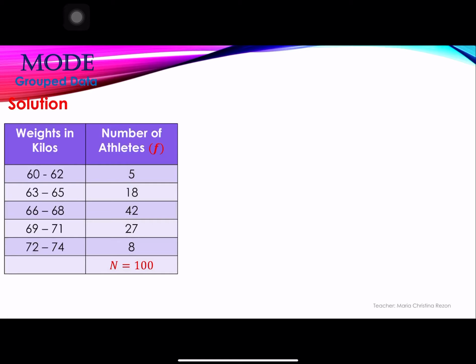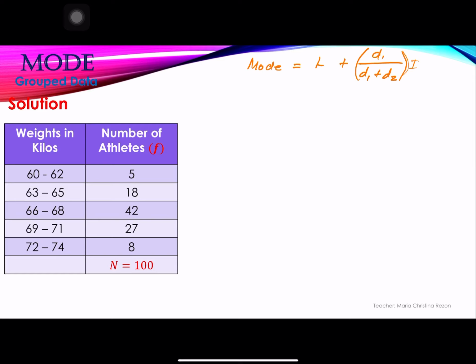I will write the formula of mode this time. Mode is equal to L plus d sub 1 over d sub 1 plus d sub 2, that is the quantity, times I. Okay?